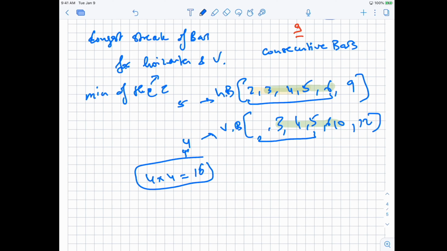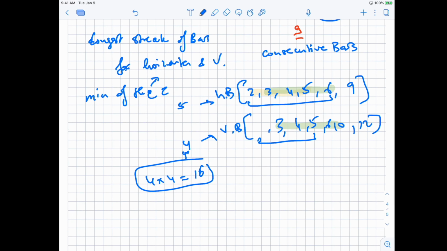And includes row 3, row 4, row 5, row 6, because we'll remove the bars. And so that would mean 4 by 4, so that's 16, right? And that's sort of pretty much it. That's the idea. To find the consecutive ones, we will just check the difference between each element and the next.